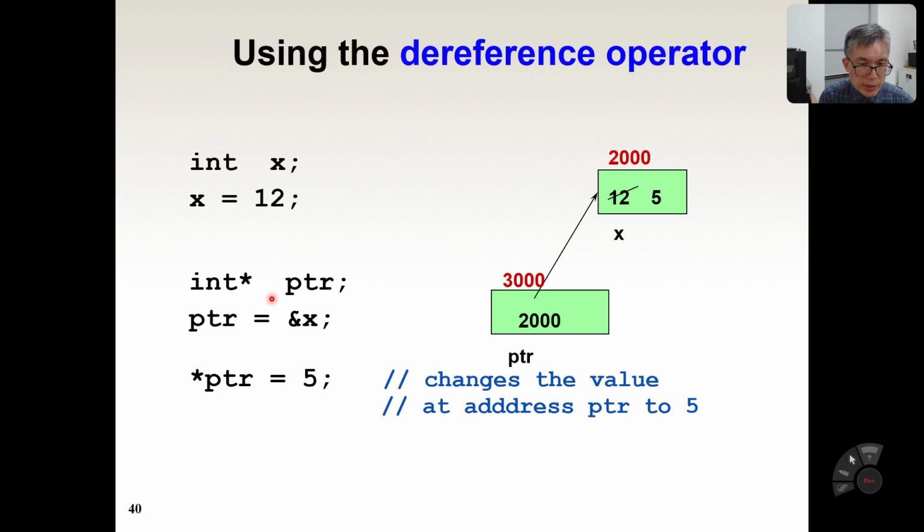Then we declare an integer pointer variable ptr, and set ptr to ampersand x, the address of variable x. Now, *ptr on the left-hand side indicates the variable x, and setting its value to 5 means the previous 12 is overwritten with 5.